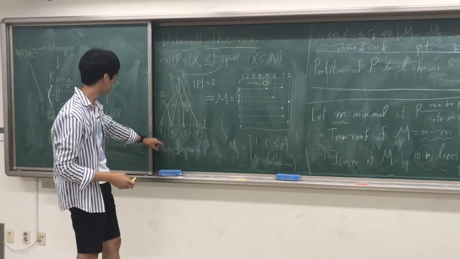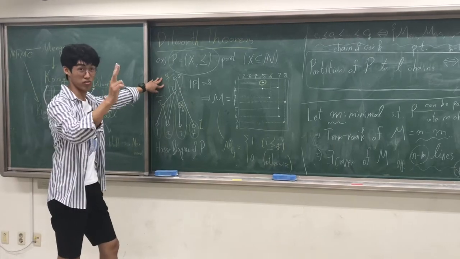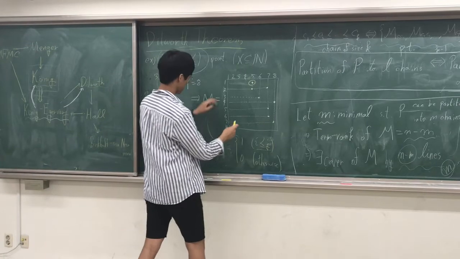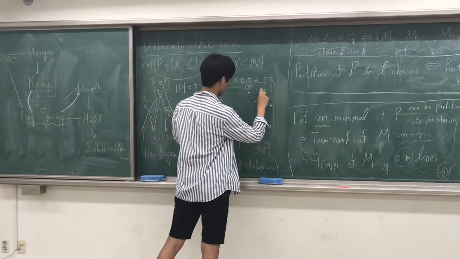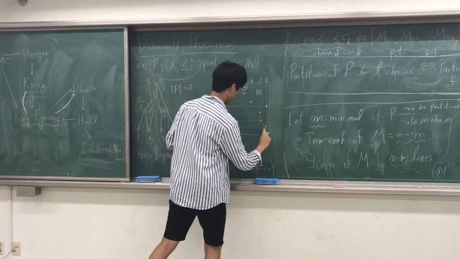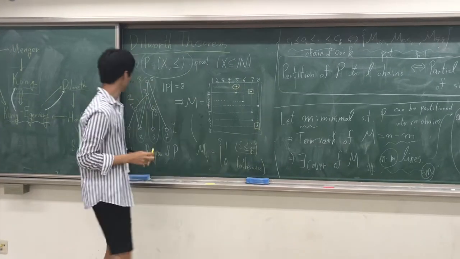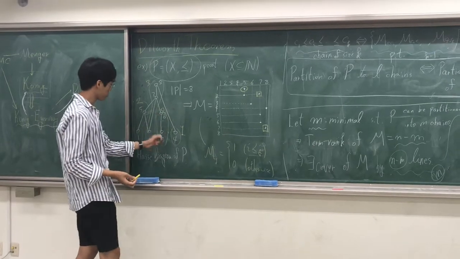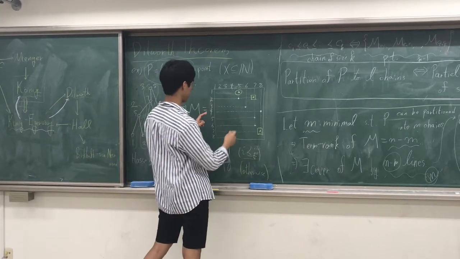This chain corresponds to a partial transversal of size 2: 2-7 and 7-8. This chain corresponds to a partial transversal of size 1: 3-6, given by here.